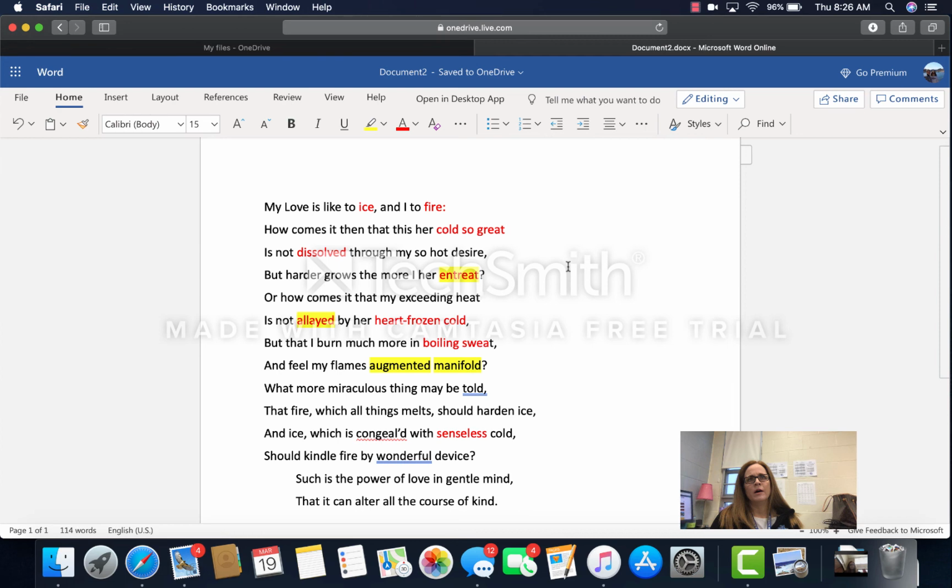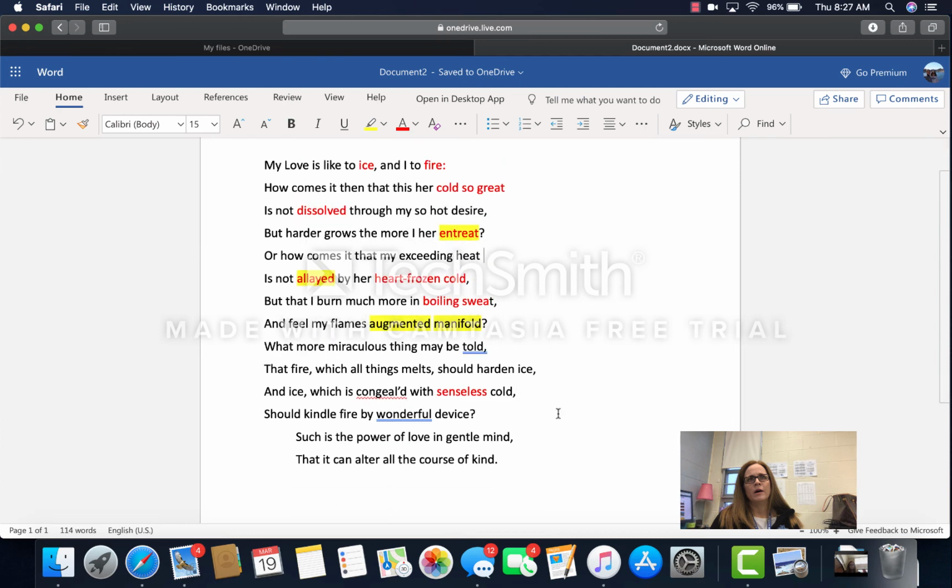Let's see, what else could I say about this? We talked about the alternative title. So I think the important thing as you go through a poem is to first look and see what words you don't know, because you need those definitions to help you figure out what each line is talking about. Then you want to establish a theme.